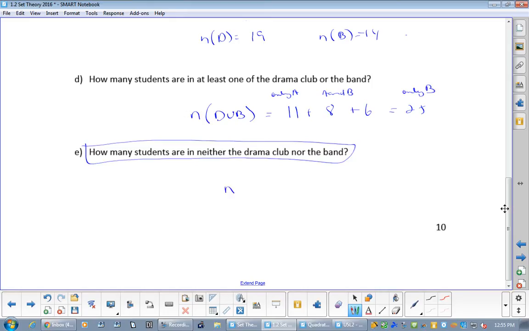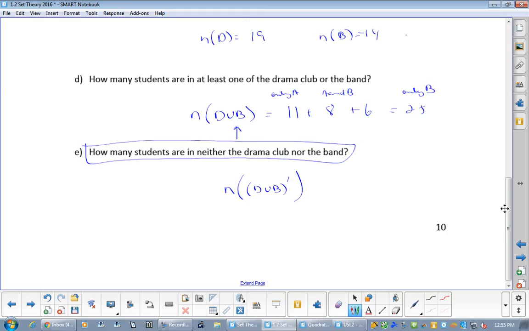N, we know that part. So wouldn't we want the complement of this? So it's kind of like double brackets. You'd go D union B. Okay. So that's saying, hey, give me the number that are not in.